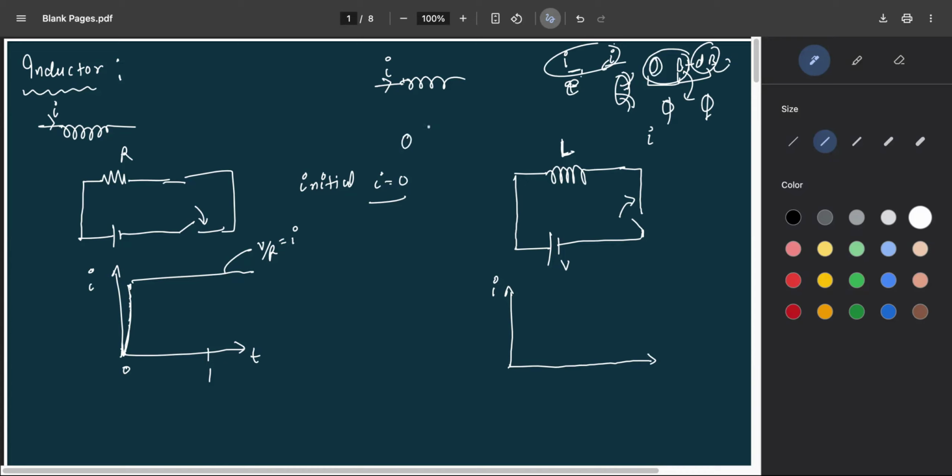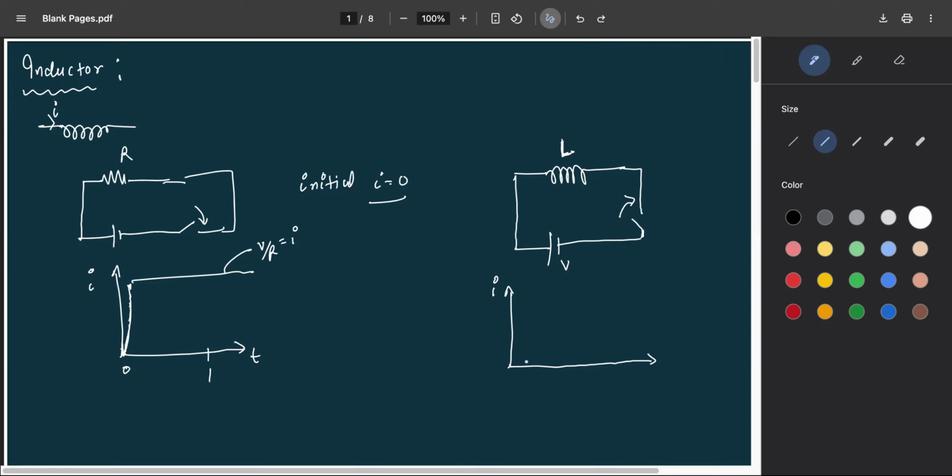Then you get some amount which is not opposed, and after that it keeps growing. This graph will look like a growing current, something like this, and it will reach saturation, the final value.